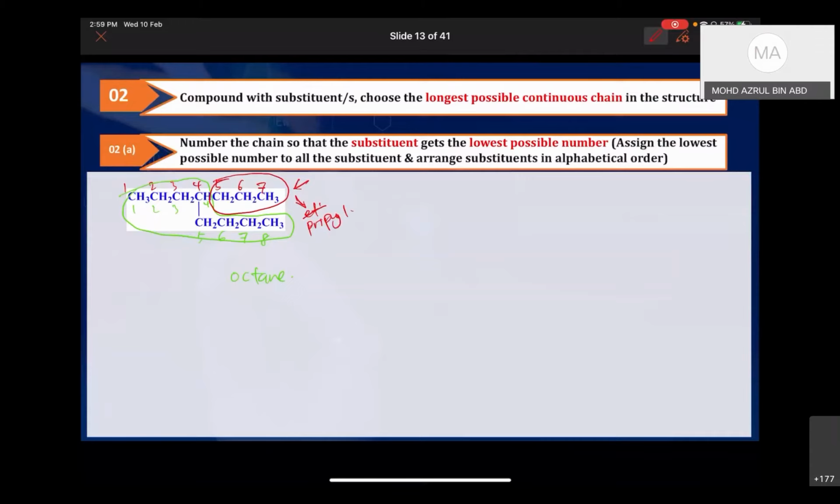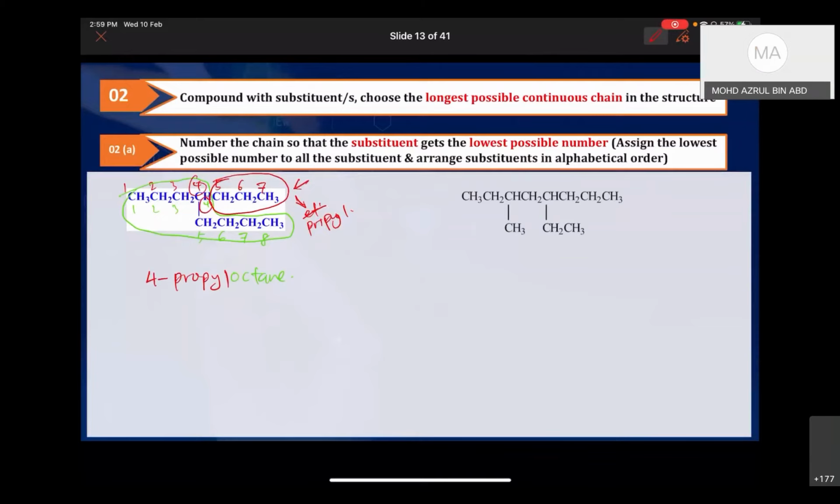Propyl, because it has 3 carbons, and this substituent is attached at carbon number 4 here. So then we can name the compound as 4-propyloctane. Okay, 4-propyloctane. Okay, another example here.